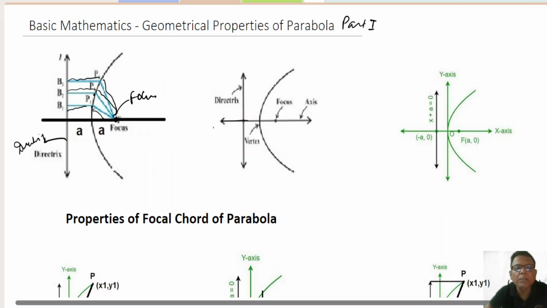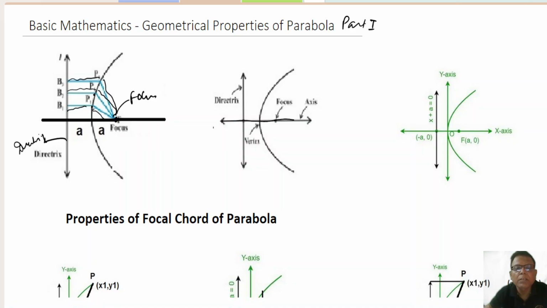The line perpendicular to the directrix and passing through the focus is called the axis, and this point is called the vertex. If you take any line from the focus, this distance and this distance will be the same. If this is x, then this is also x.